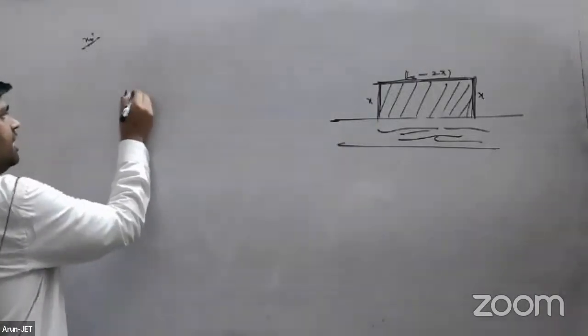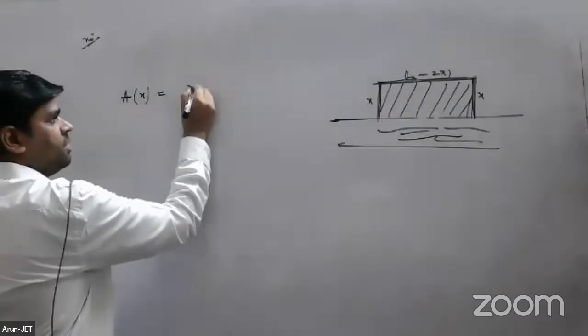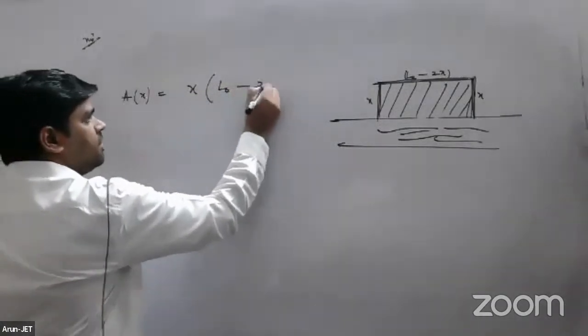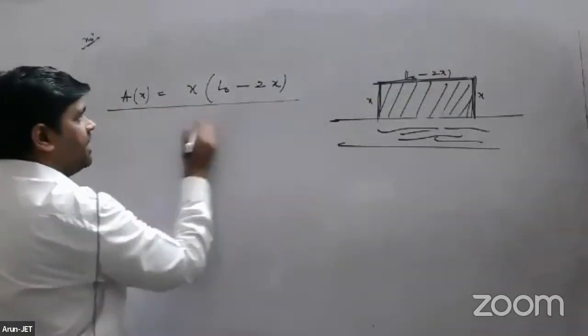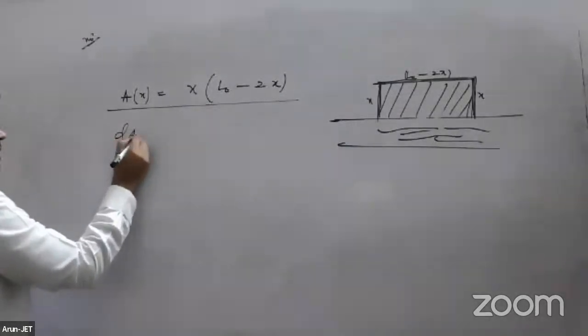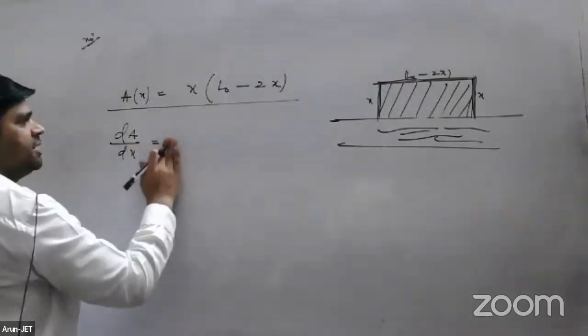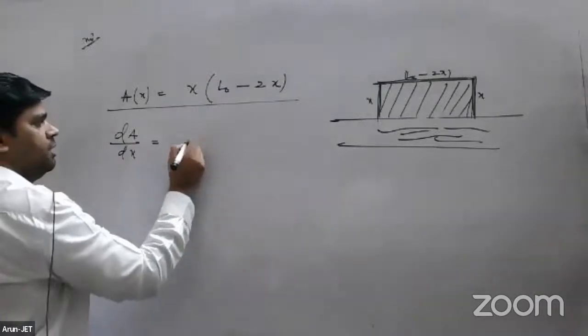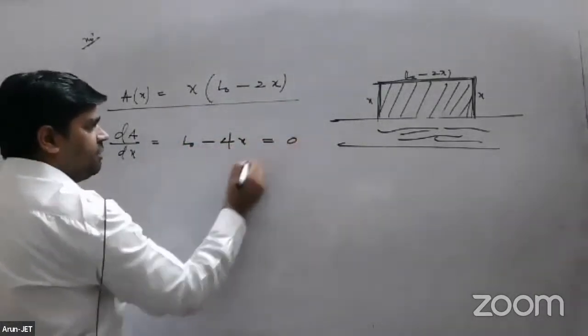I write area function as a function of x, which I get as x times (L0 minus 2x). Now, this is a function of x. If I want to maximize it, dA/dx is equal to 0. So what is dA/dx? Then derivative ఏముంటుంది? L0 minus 4x, I equate it to 0.